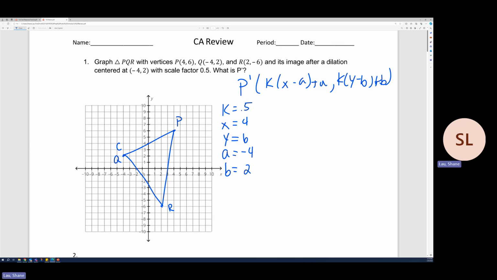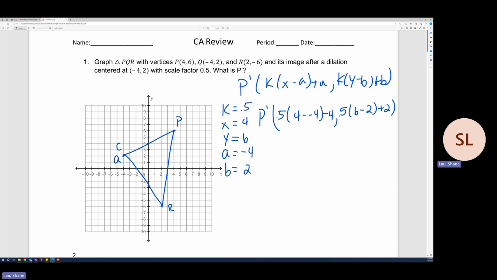We should get a problem like this. And we just plug in: 0.5 times (4 minus -4), plus -4, comma, 0.5 times (6 minus 2), plus 2.